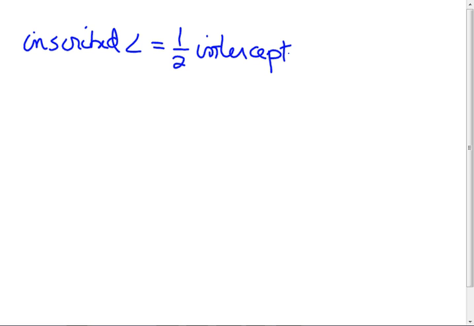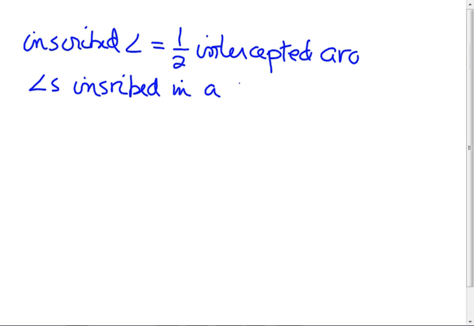So we have inscribed angles, which are 1/2 of the intercepted arc. And then we had angles inscribed in a semicircle. What's true about those? If you have half a circle and you inscribe an angle in that, what kind of angle is it? Sydney, what kind of angle is this?